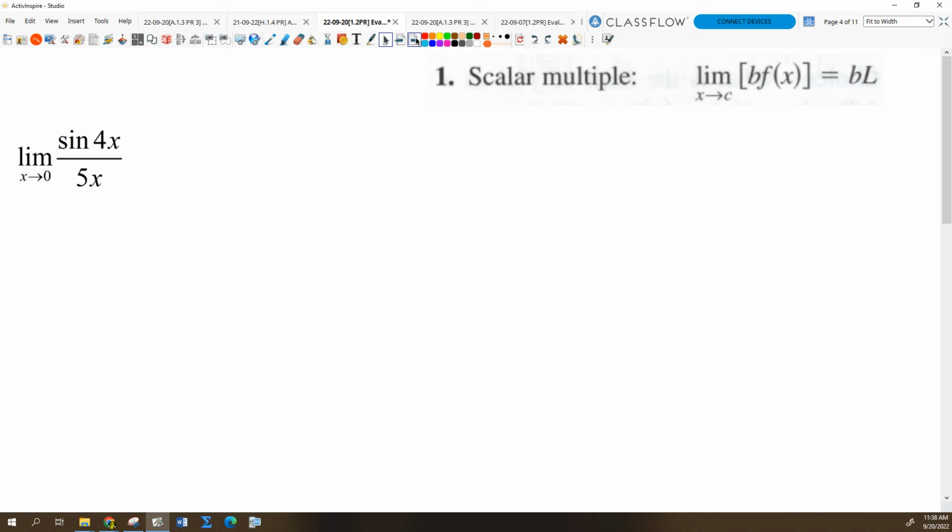Oh, 4/5 over 4/5. That's fine. Yeah, there you go. I see what you're saying. Yeah, that's right. Okay, but maybe an easier way to think about it would be to pull that 5 out front, and then we've got the same problem we had before. Take your pick, but to me, this seems a little bit easier.